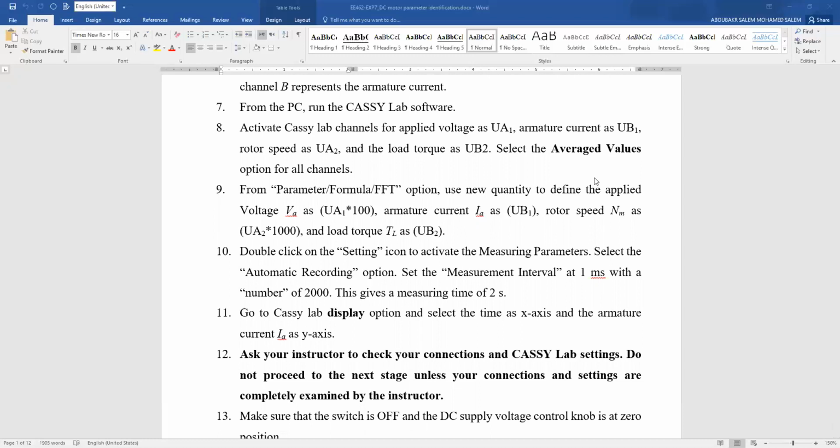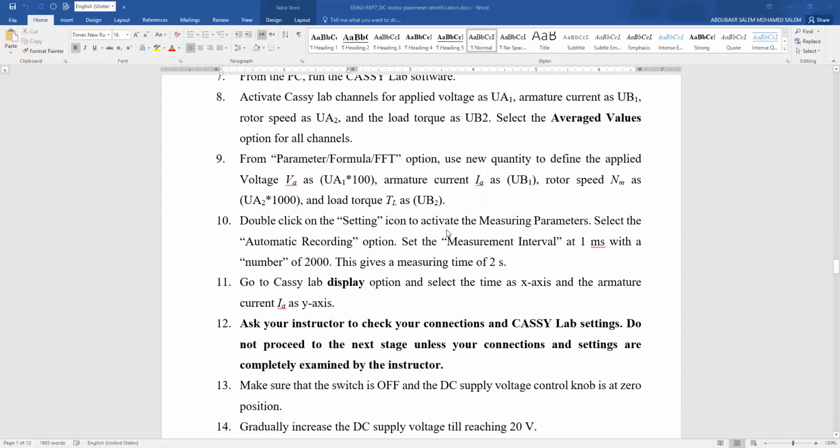We divided the voltage by 100 using the amplifier, so we have to multiply channel UA1 by 100 to return the same value of VA, and IA as UB1 because we don't have any ratio here. And for the speed, the tachometer itself has a ratio of 1000 RPM equivalent to 1 volt, so we will multiply the voltage value, which represents the machine speed, by 1000 to give the actual RPM, and the torque load will be the same without any ratio.